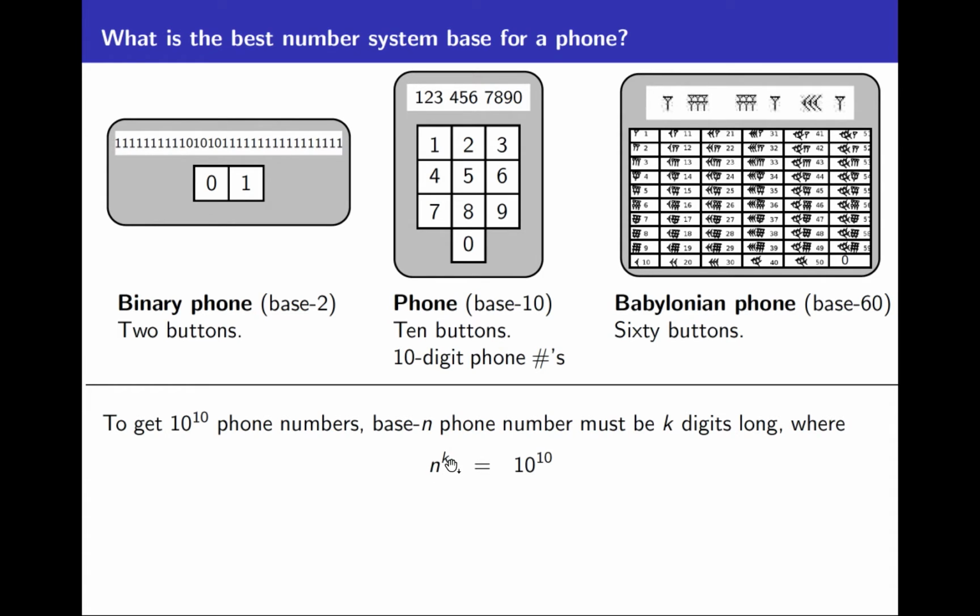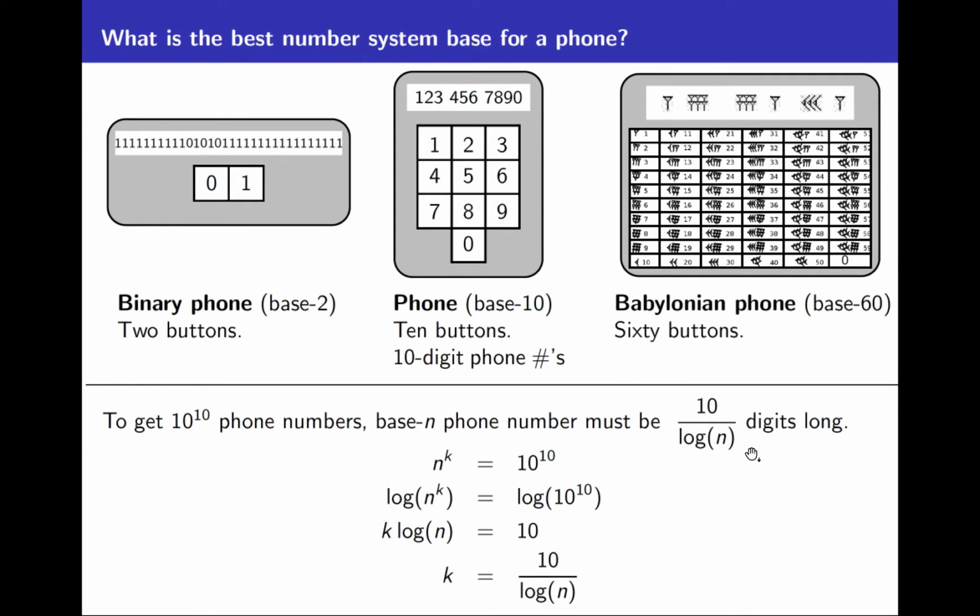To figure out that length k of a phone number, we'd solve this equation. Take the log of both sides to bring this exponent of k down in front. So you get k log n equals, this is log base 10 of 10 to the 10, that would be just 10. And finally, we could solve for the length k by dividing both sides by log n. So to summarize, to get 10 to the 10 phone numbers, a base n phone number must be 10 over log n digits long.